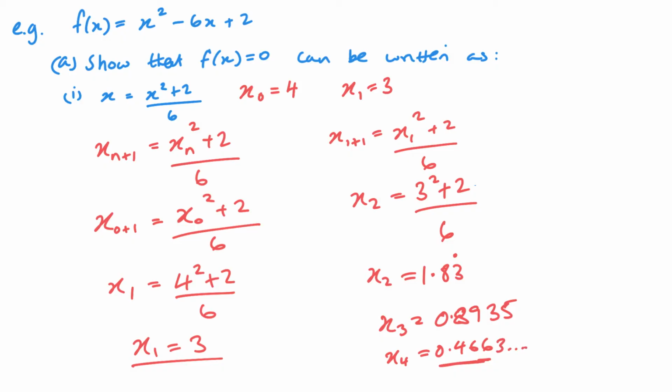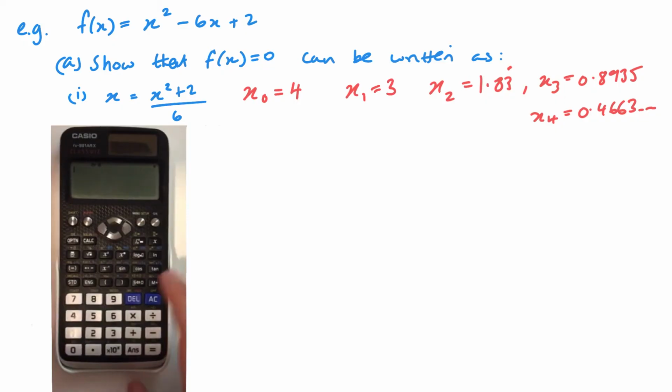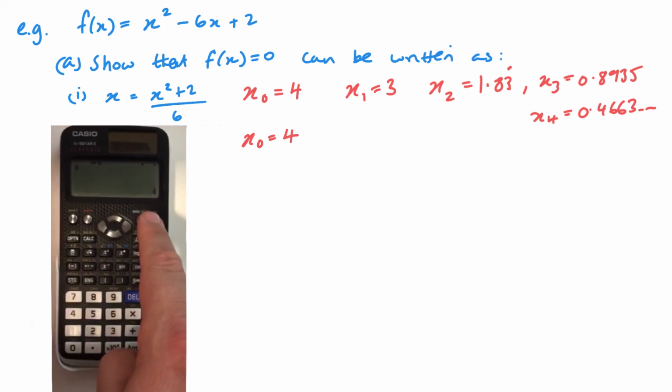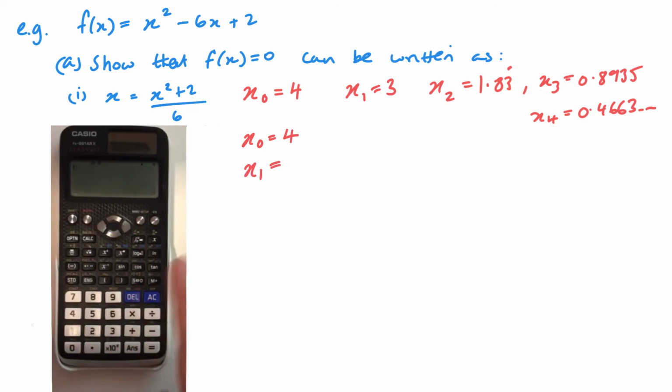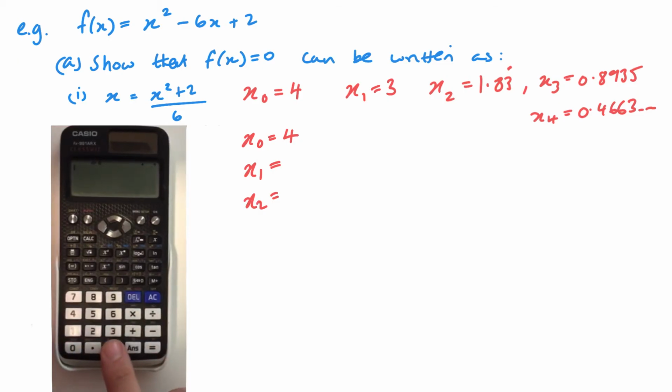Okay, now as you can see, doing this step by step is obviously going to take some time. But luckily there is an easier way of doing it, which I'm going to show you now. So first what we do is we put our value in, so in this case it's 4, press equals, so it is in the calculator. Then where the x value is, I want to use answer.